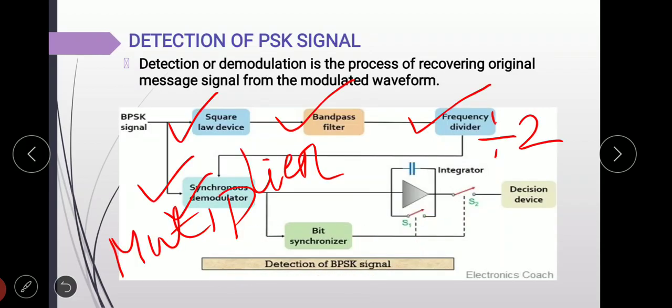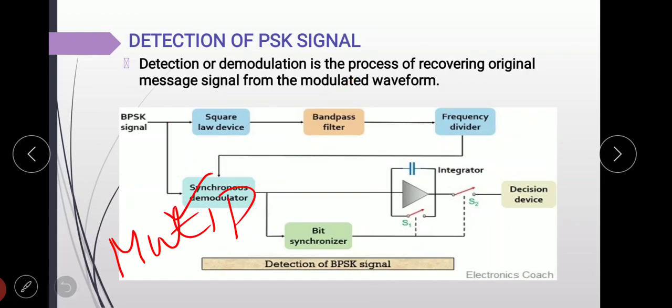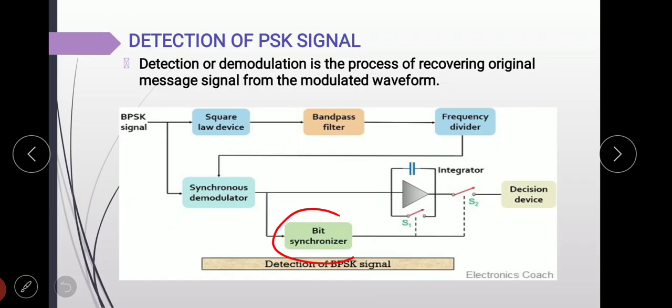Then the output of the multiplier is given to the integrator. Here a bit synchronizer is used, and this bit synchronizer controls these two switches, S1 and S2. The output of the multiplier is applied to the bit synchronizer and integrator.